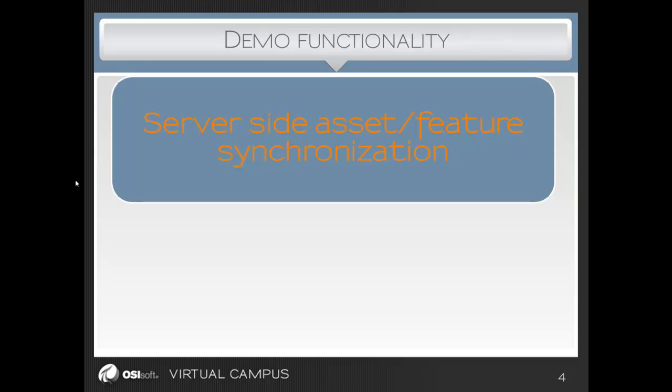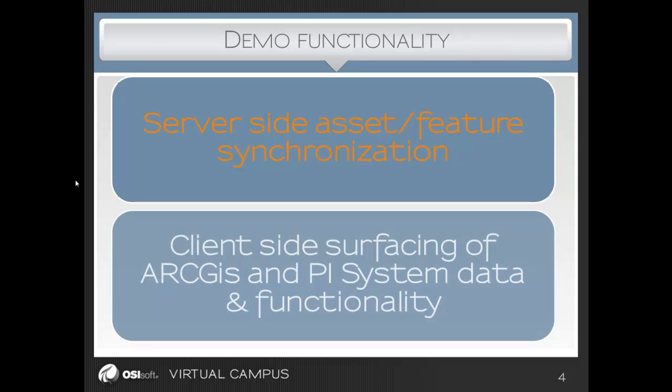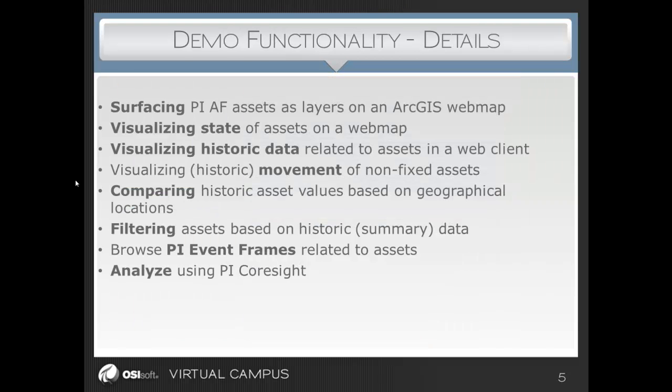So one part is the server-side synchronization of those two, and the other side is the client-side surfacing of the ArcGIS and PI system functionality and data. What we've shown here can be used in the standard ESRI client tools, but we added functionality to be able to surface the historic data in a web application, and we will elaborate on that further in the video series.